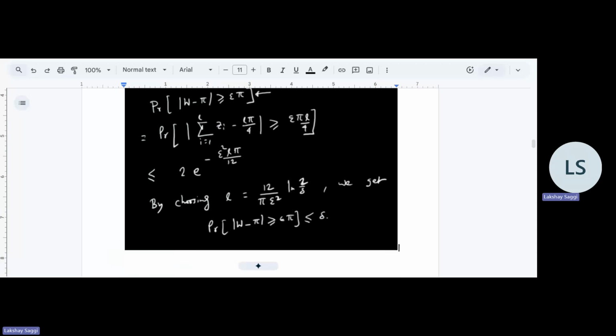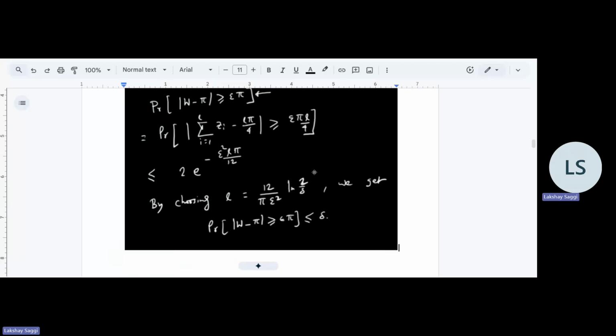And the number of samples should be inversely proportional to epsilon and delta, because we need to take more samples for better accuracy, but more accuracy essentially implies smaller values of epsilon and delta.